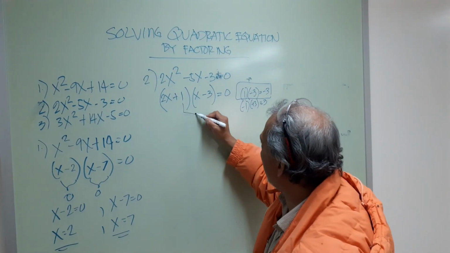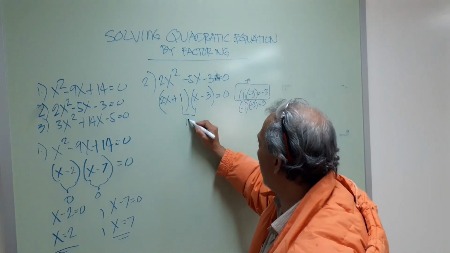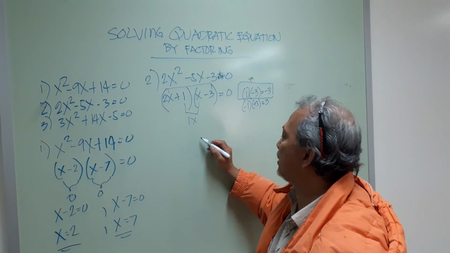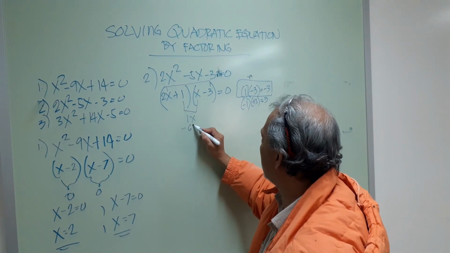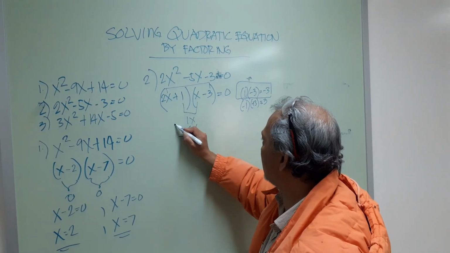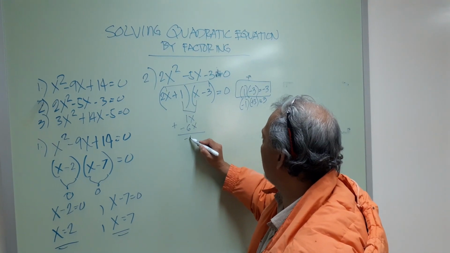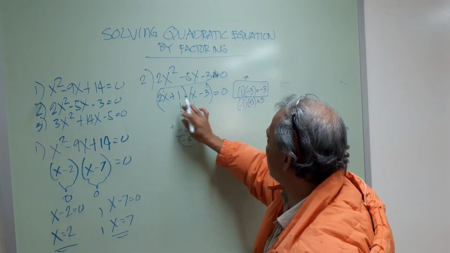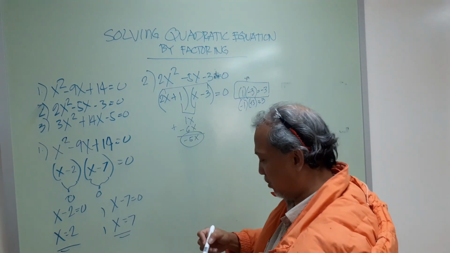So 1 times x is 1x. 2x times negative 3 is negative 6x. Let's add. It's negative 5x, which is true. So our factor is correct.